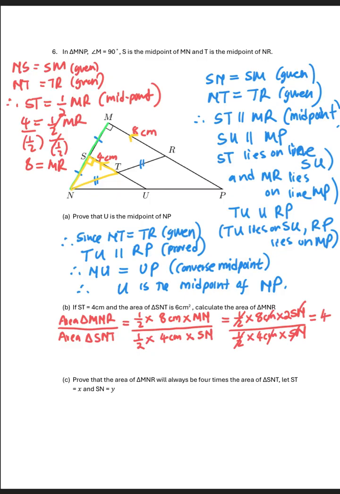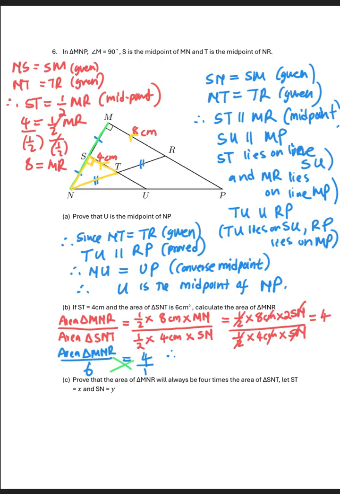And then now we know that the area of SNT is given as what? It is 6, right? So then we can just come here and say area of triangle MNR over 6 is equal to 4, and therefore we say over 1 here, and then we do cross multiply, right?